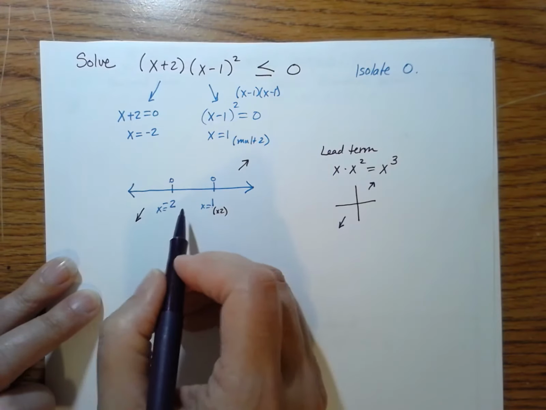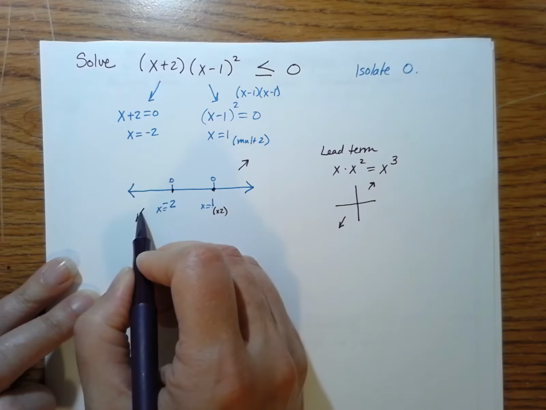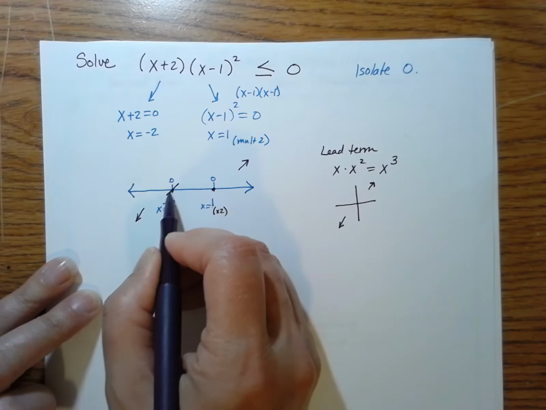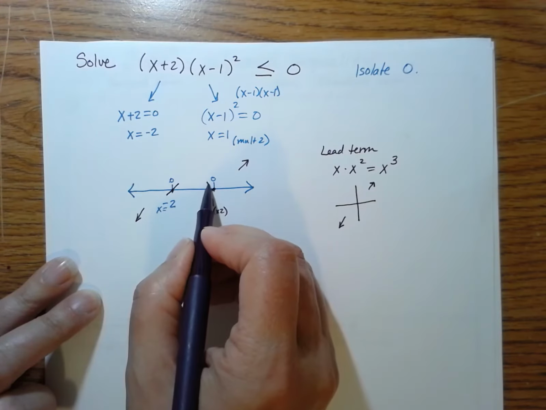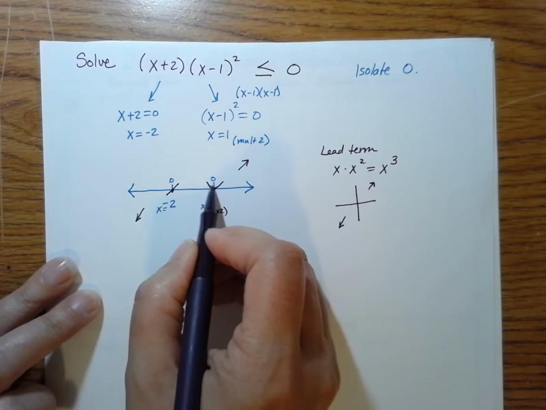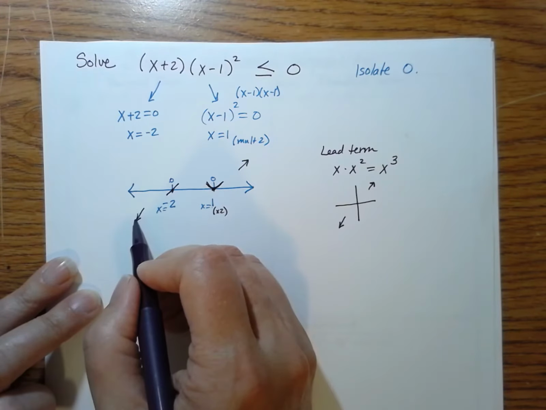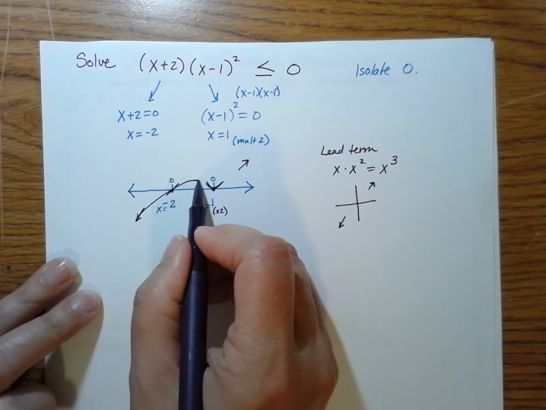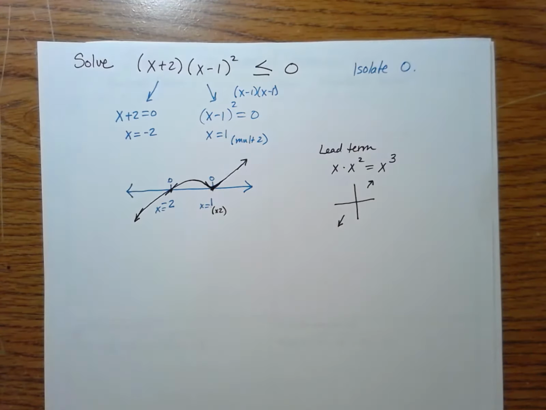So if I'm thinking graphically, the graph is going to start down here, and it's going to cross through when it hits this 0. But when it hits this 0, it's going to do a bounce and have a little baby parabola right there. And that follows along with my other line. So if I sketch this in without too much care, the graph will look something like that.